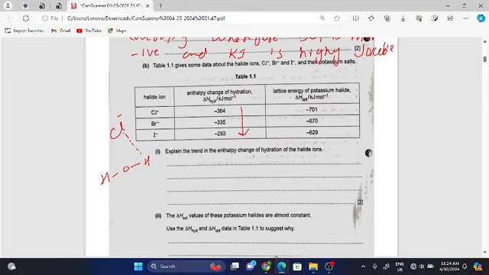So you can write the reason as: there is a decreasing trend as you go down the group.